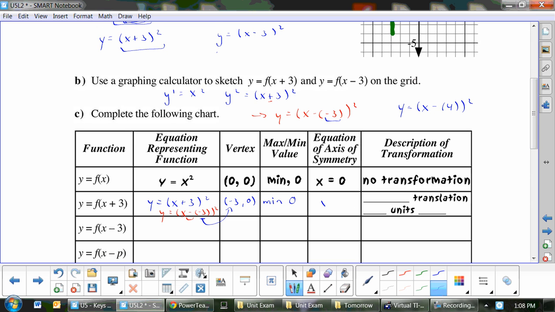So if we were to describe this in words, we would say that it's now a horizontal translation, and then it's 3 units left.